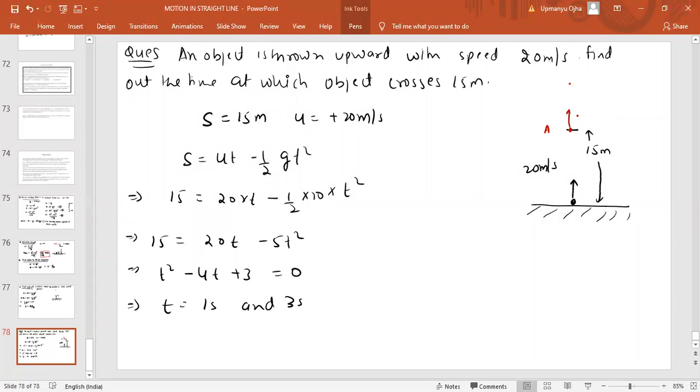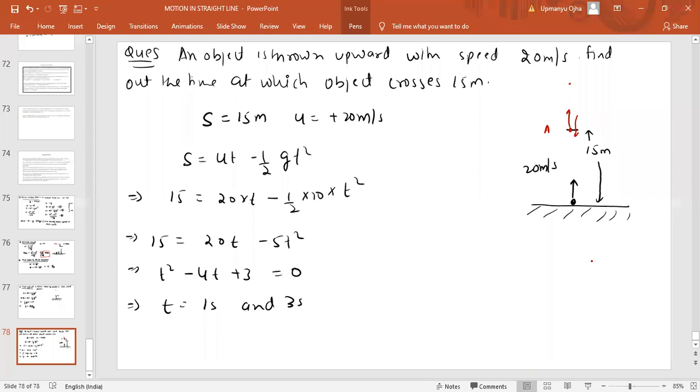When it is coming downward, it will again cross 15 meters. So the ball crosses the 15-meter mark two times: first after 1 second going up, and then coming back after 3 seconds. That is why we have two times.